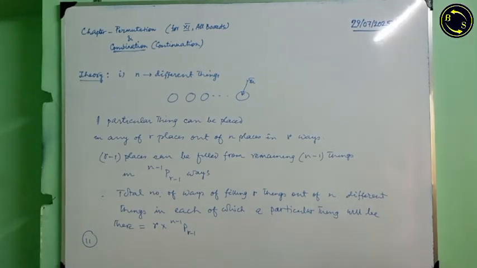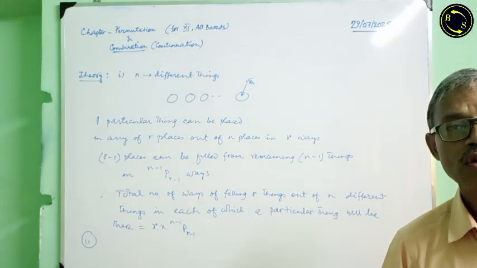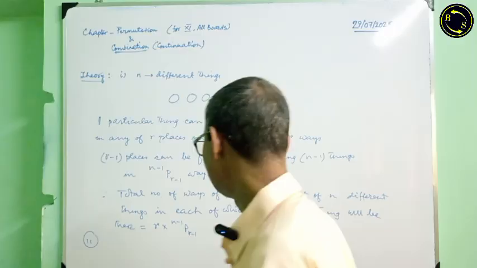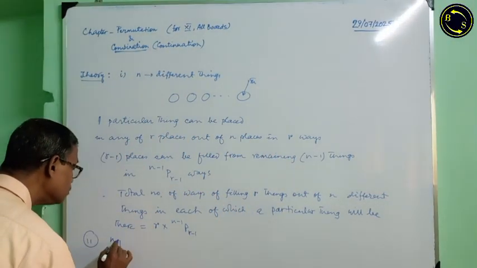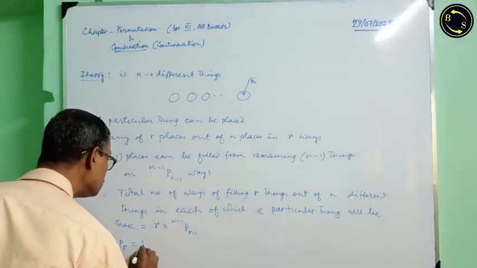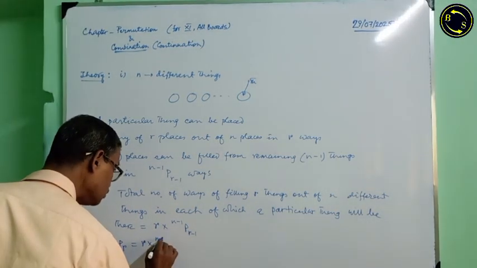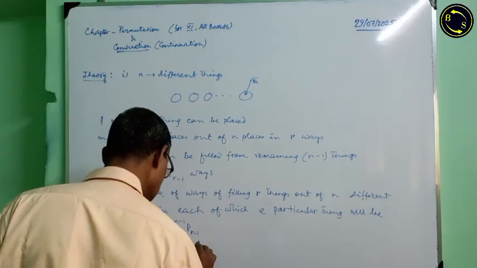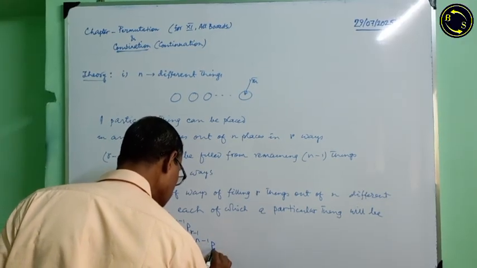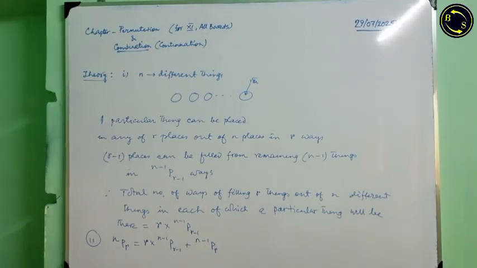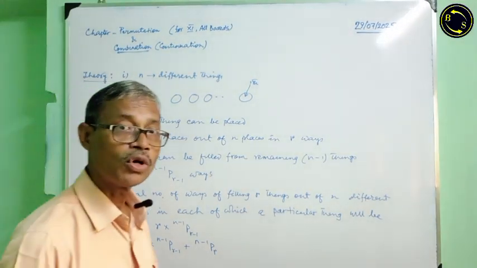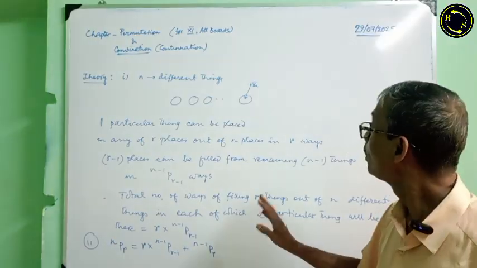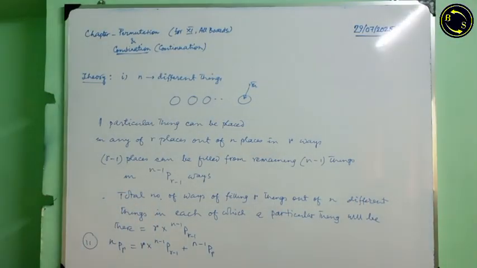Now we are going to give the other form of that formula: nPr is equal to r into n minus 1 P r minus 1 plus n minus 1 Pr. Now let me clarify that.